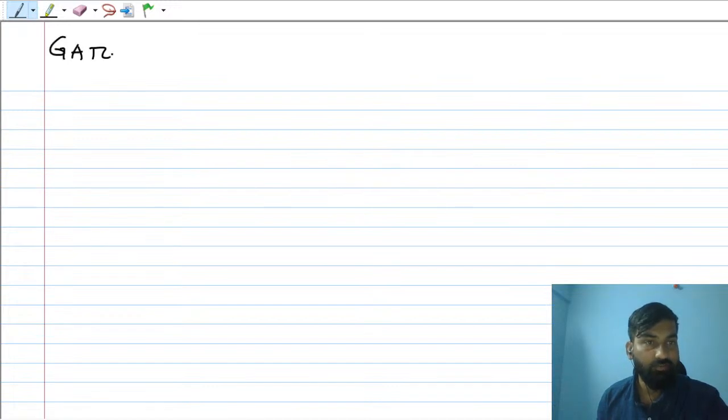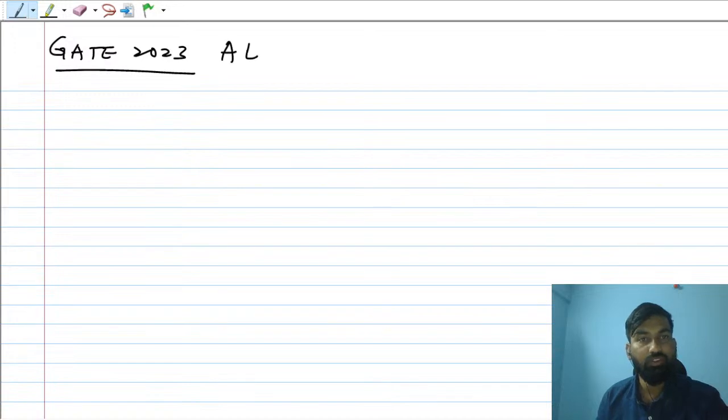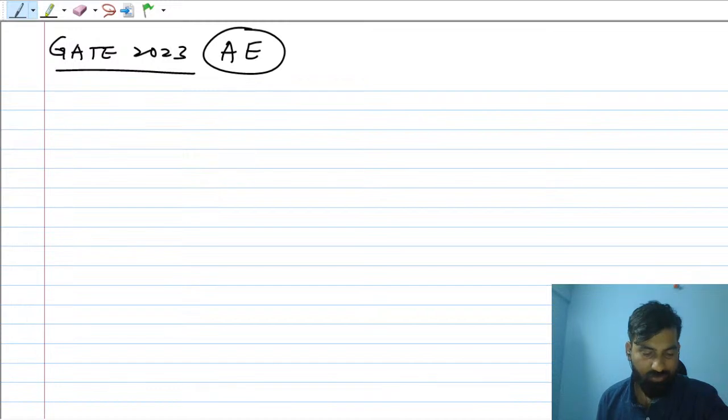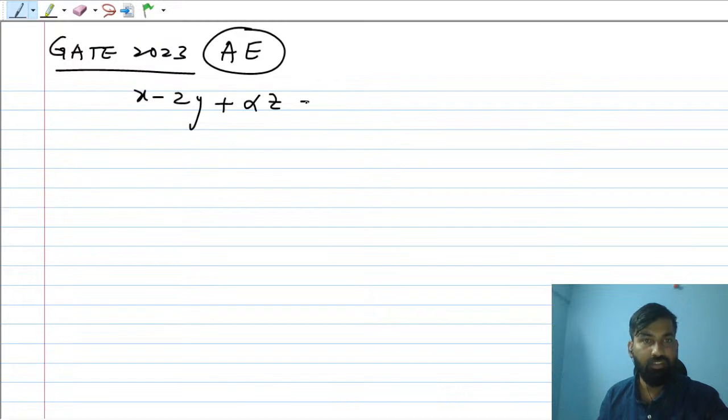Next is a very good question that was asked in GATE 2023 in aerospace engineering. What was the question? The system of equations is given like x minus 2y plus alpha z equal to 0.